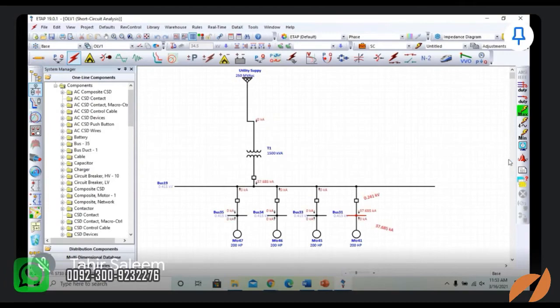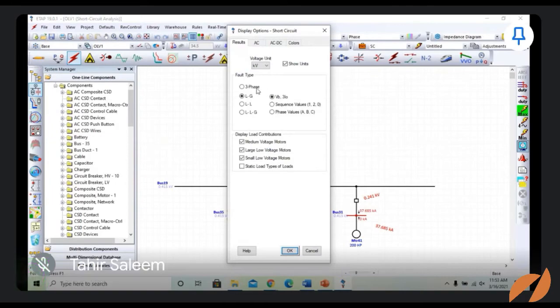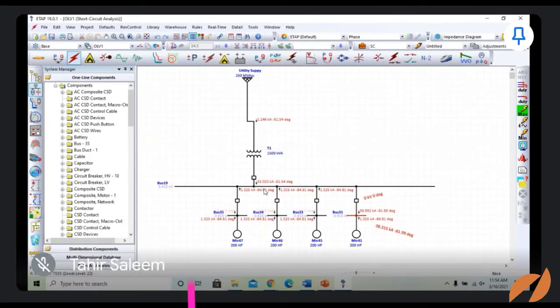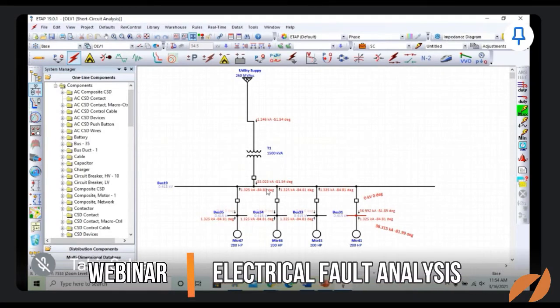Now we have started the maximum current. Let me change it to three-phase fault. Okay, now we have changed it to three-phase fault. Here you can see that 33 kiloampere is coming from the main utility, and 1.325 kiloampere current we are getting from these three motors.